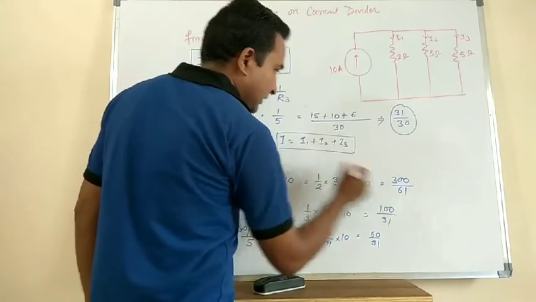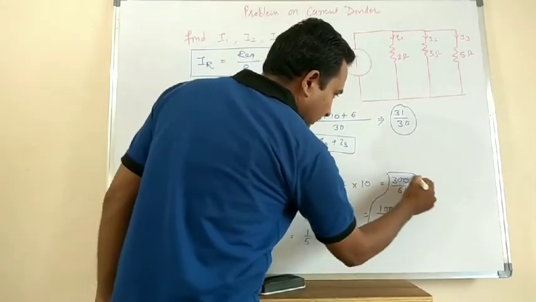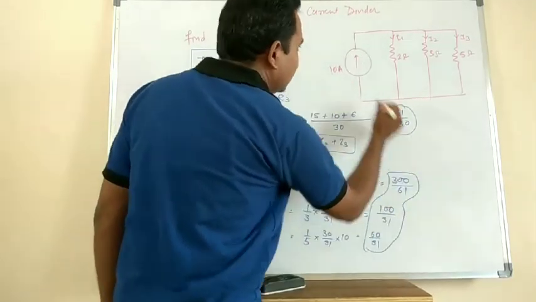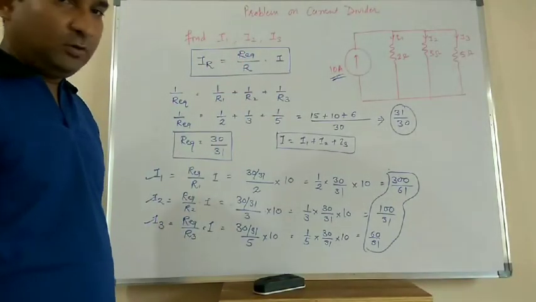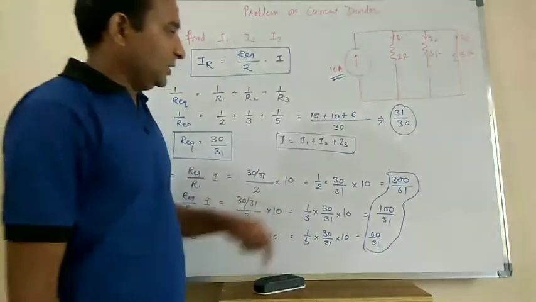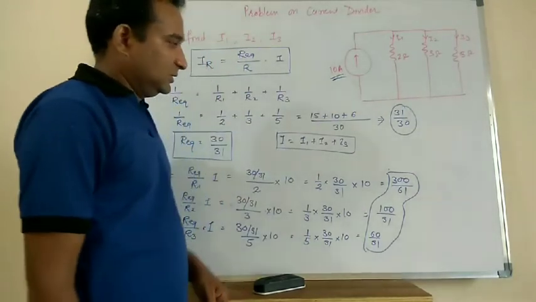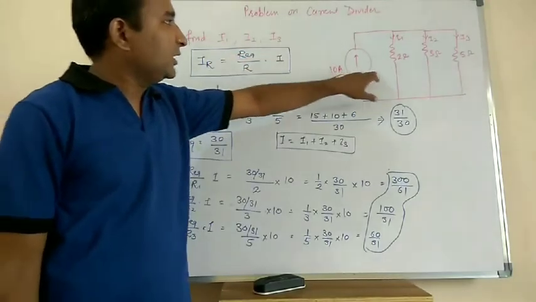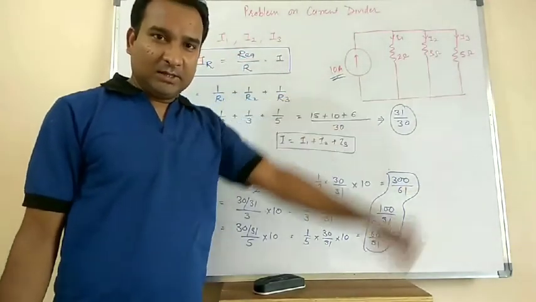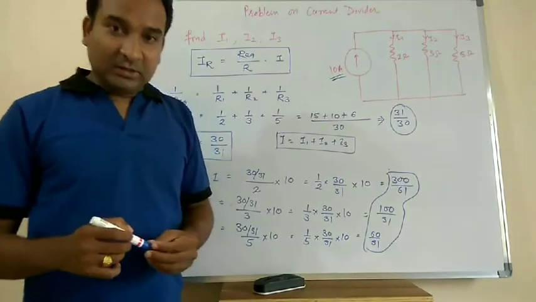Here the summation of all three currents is equal to 10 ampere. So this is the problem based on current divider to find the current in a particular resistor. Okay. Thank you.